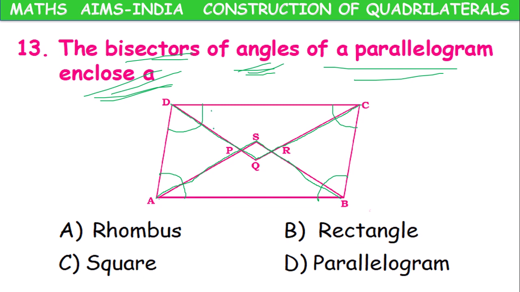If we draw 4 bisectors for the 4 angles, they will meet in the middle and form a shape. They will form a geometrical figure in the middle. We have to find what kind of geometrical figure it is, children.